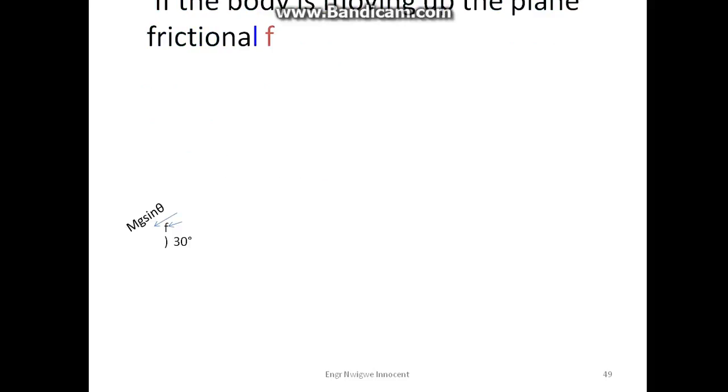If the body is moving up the plane, the frictional force reverses and acts down the plane. Looking at the body of mass 10 kg moving up the inclined plane of 30 degrees, the frictional force will now be in the opposite direction, while the force acting along the plane is mg sin theta.